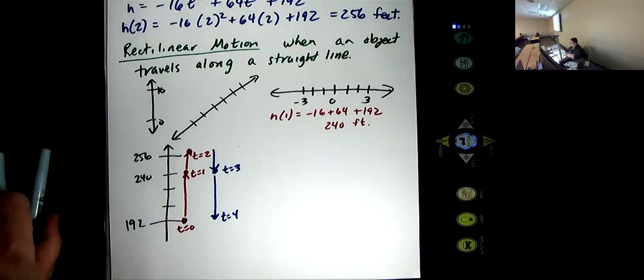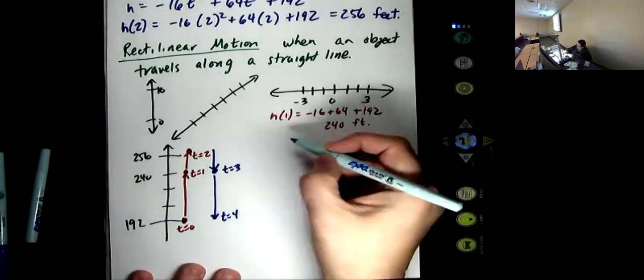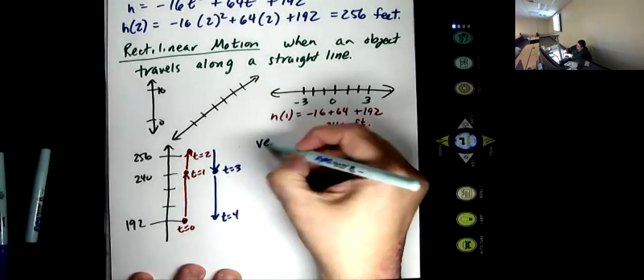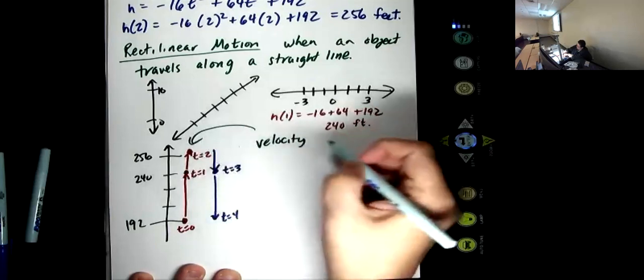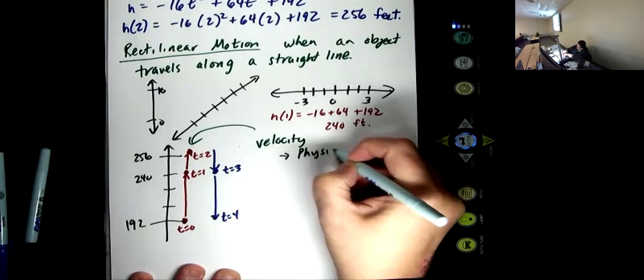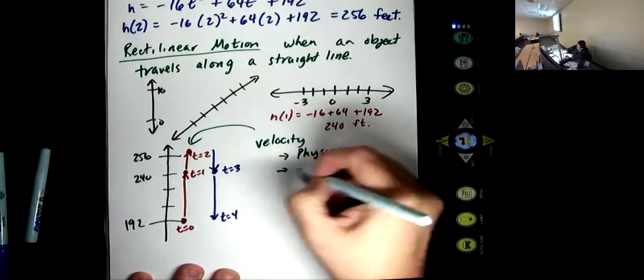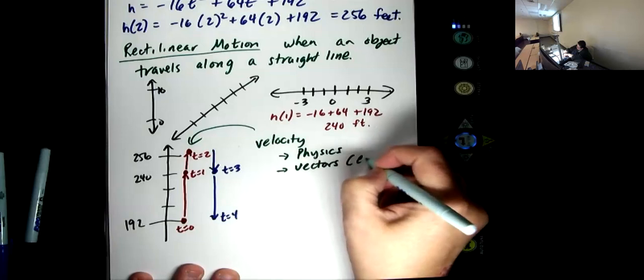Is it like feet per second? It's feet per second. This is velocity. These arrows are like velocity. This is something you learn in physics. We will do a lot more. These are vectors, the way I did them, and we'll do a lot more with this in Calc 3.